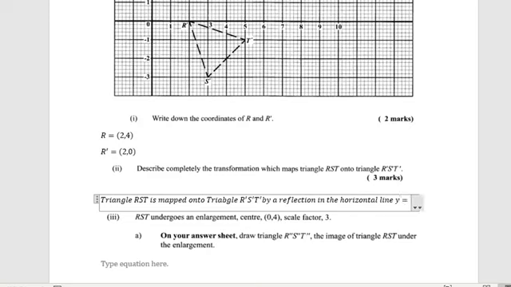So that's one of the first observations. Looking at the transformation, clearly from the jumpstart, you could see that it was a reflection.